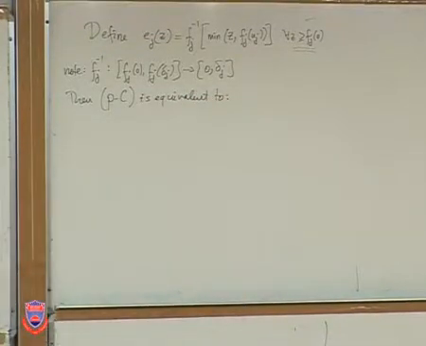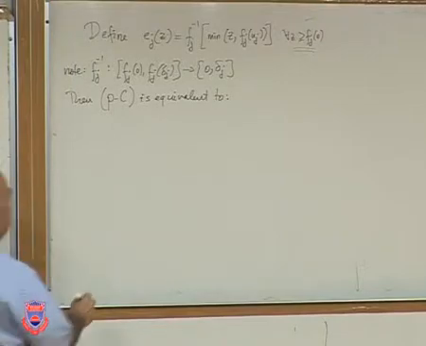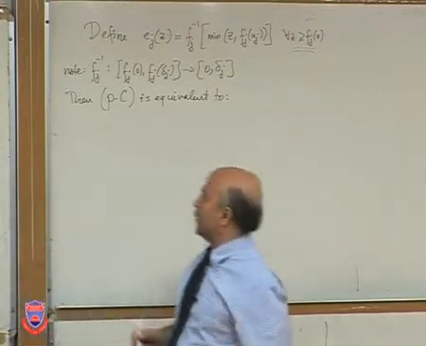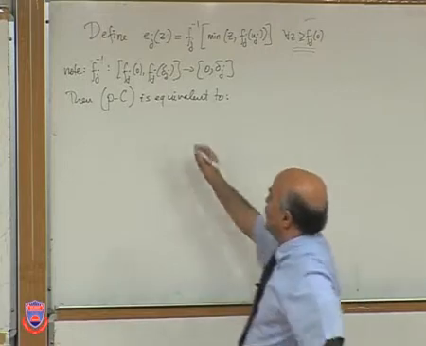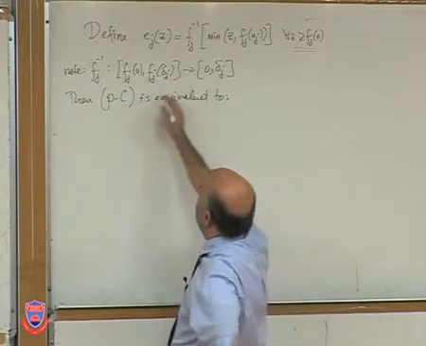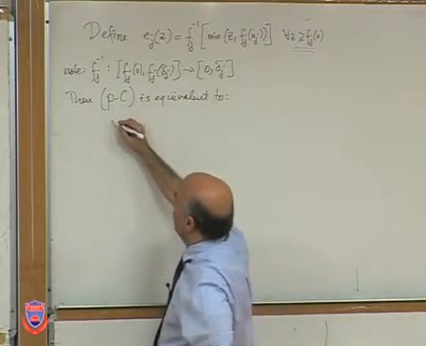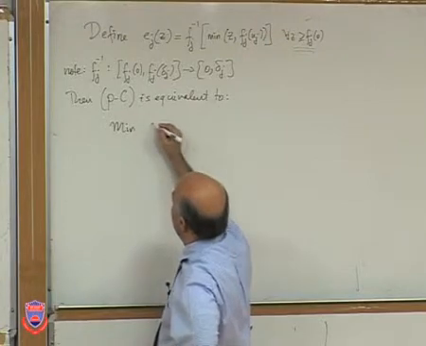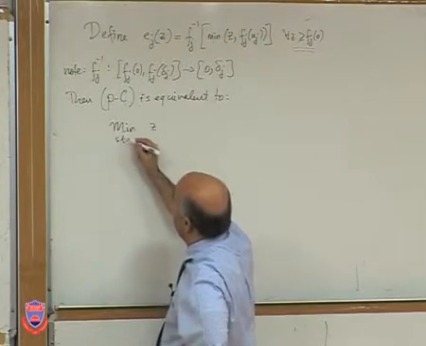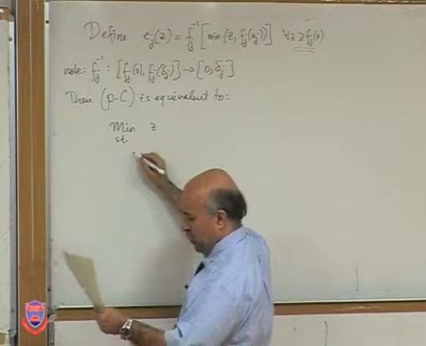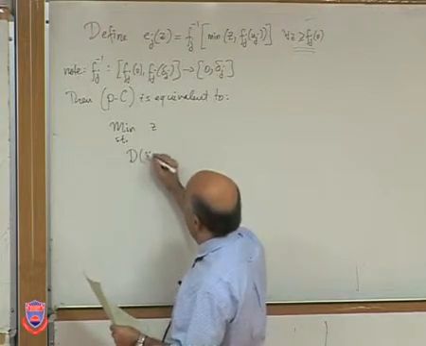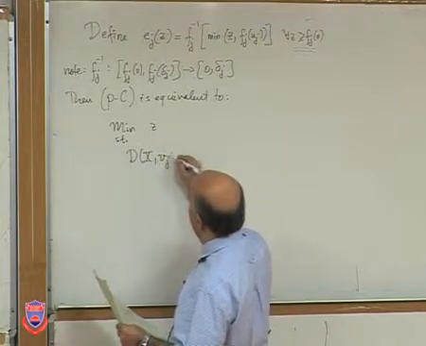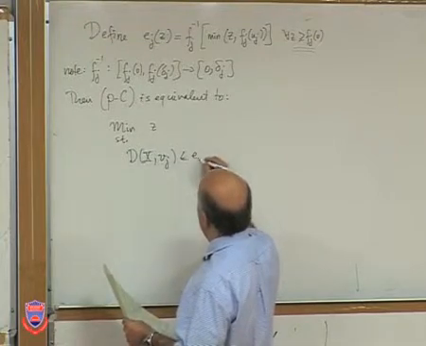There's a reason why I did that, because I want to be able to deal with the problem in a more meaningful way. And with that definition, the original problem is equivalent to the following. Minimize z subject to d(x, vj) less or equal to Ej of z.